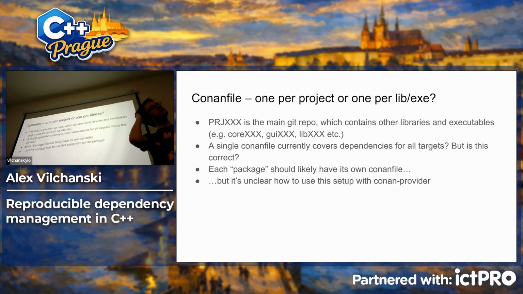But when you want to lock against a specific version from your CI, you just modify the Conan file dependencies version, and you say, okay, I want this dependency to be locked in this, but the semantic version higher than this for everything else, and it will just do the right thing. You don't have to care or know because Conan does it for you. And it generates the solution file in Visual Studio, Xcode file, or Ninja, whatever.